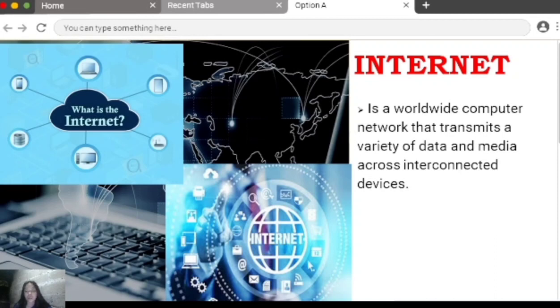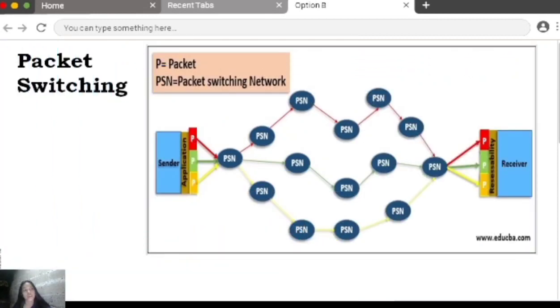So let's now proceed to packet switching. But before that, let us know first the word packet. A packet is a small segment of a larger message. Before the message gets sent, it is broken into pieces. That's what we call packets.